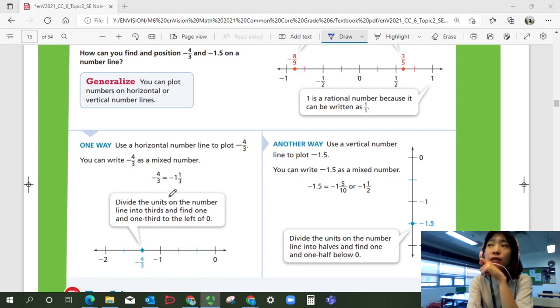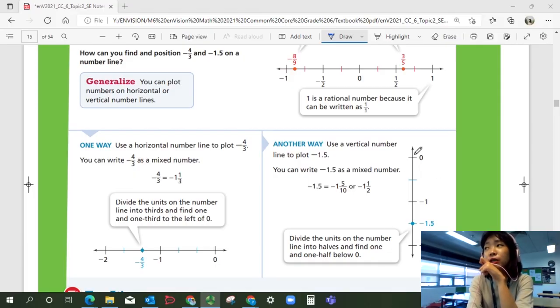So negative 4 over 3 is negative 1 and 1/3 as a mixed number. That means from 0, you go 1, negative 1, and then you go 1/3 more from negative 1, right? So you have to divide the units on the number line into thirds and find 1 and then 1/3 to the left of 0.